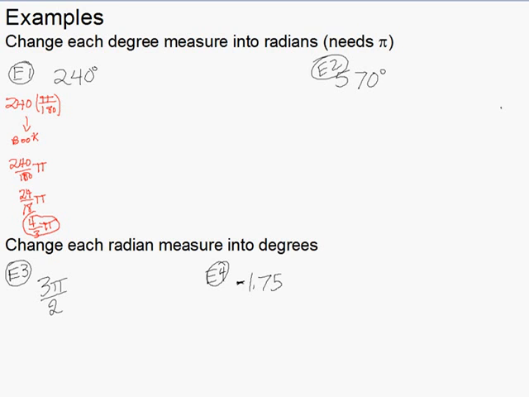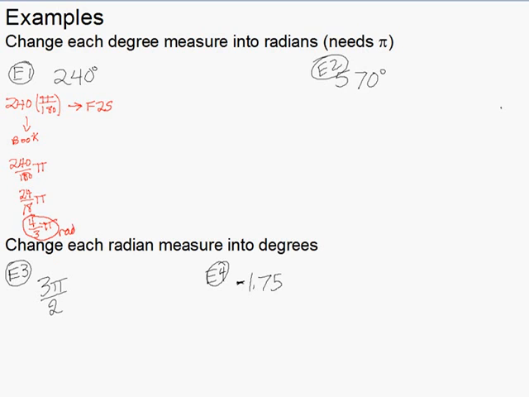Let's try to circle that a little bit more efficiently. Okay. The way I do it, I just plug this thing into the calculator and get my decimal. So right here, this would be 4 pi over 3 radians.